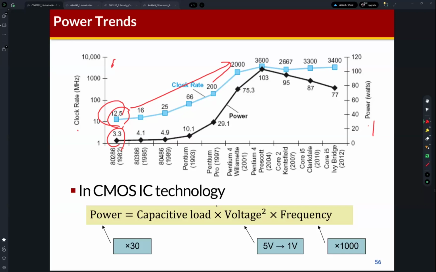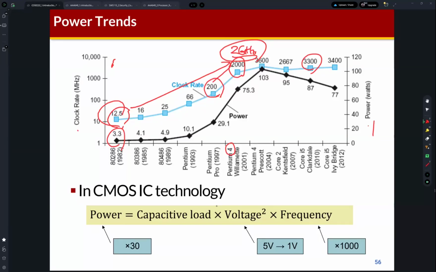It becomes 66 and 200, and the Pentium 4 is 2,000 megahertz. It's 2 gigahertz, right? So this number is similar to the current number.